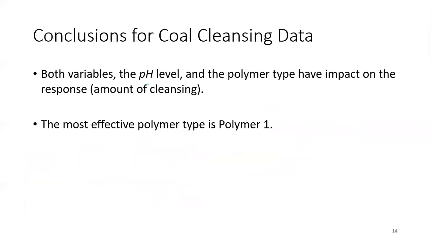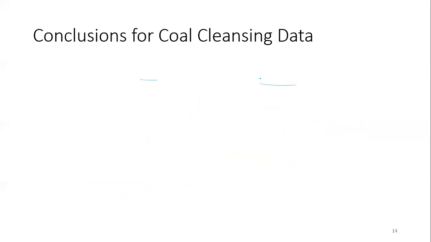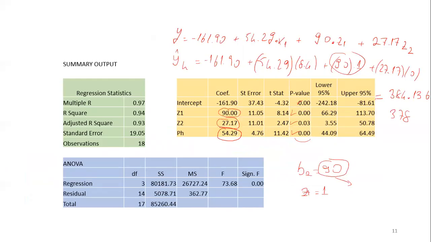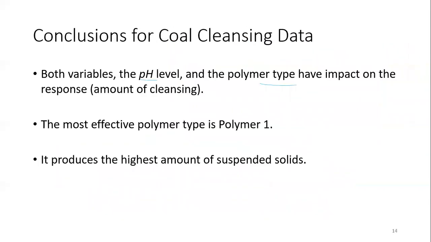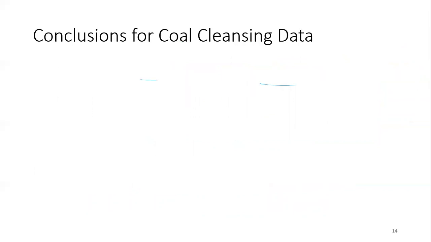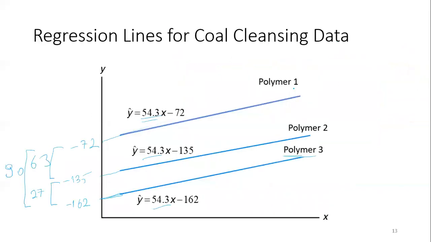So all of the variables, the pH level and the polymer type, turn out to have an impact on the resulting Y, right? Because all of the p-values turn out to be significant. So the most effective polymer is polymer 1 because, as you see, its regression line is just over all of them.